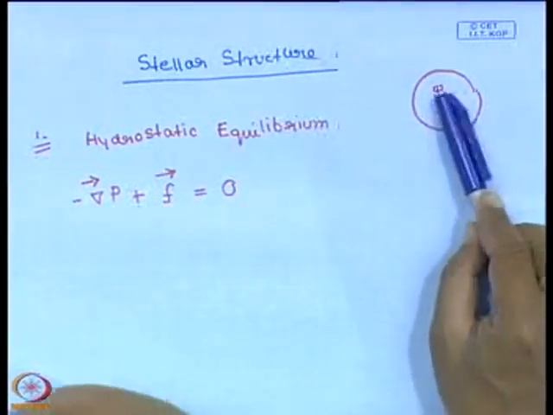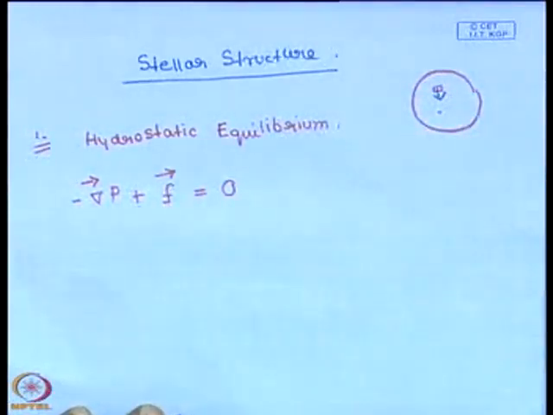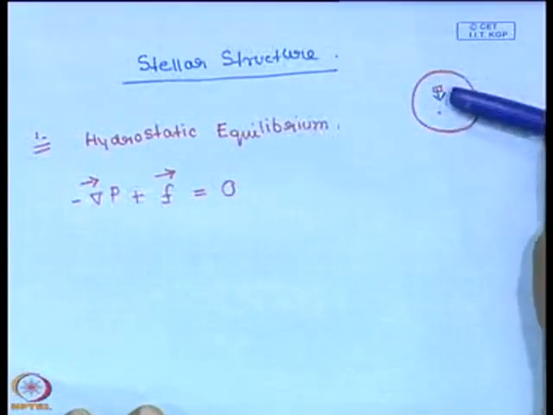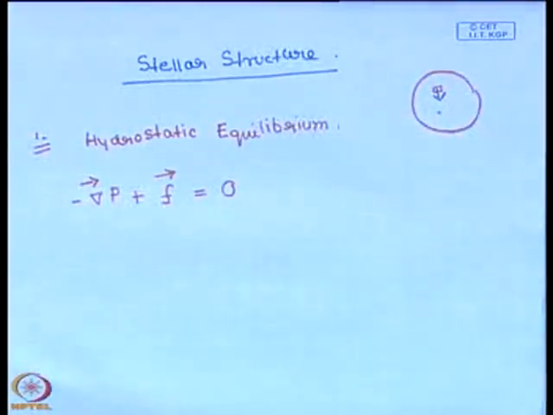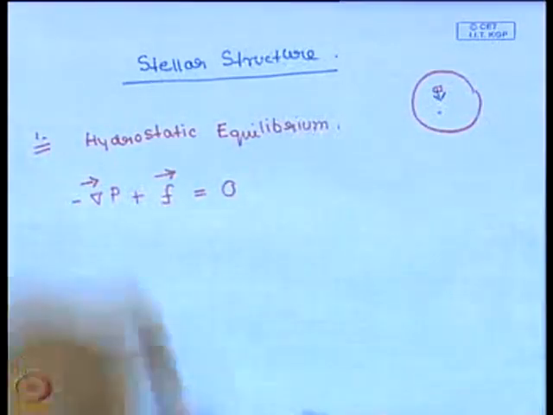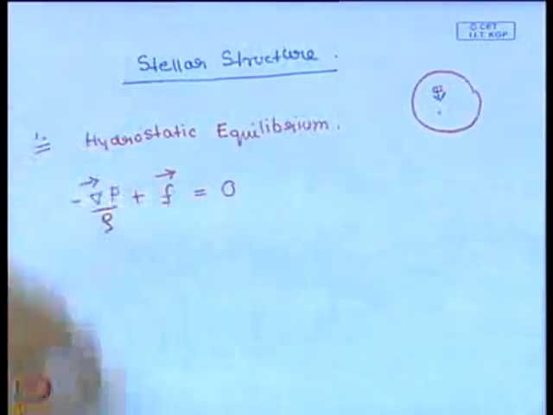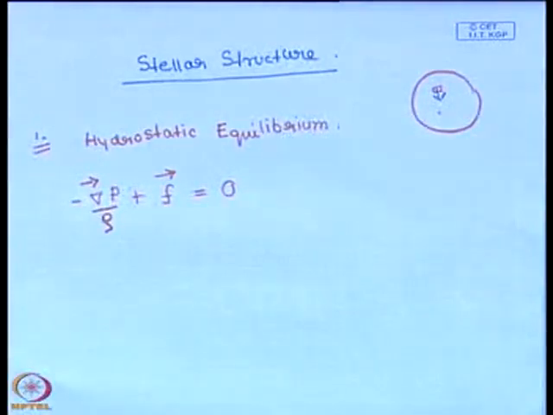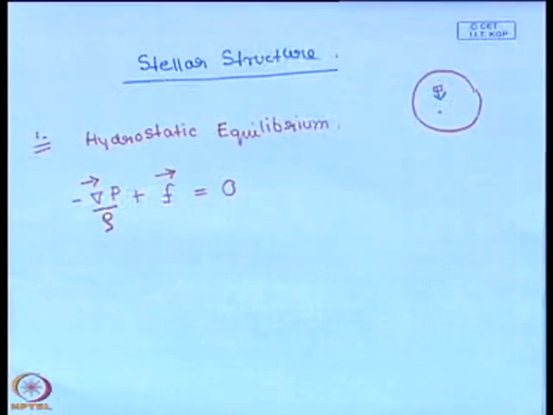So, the pressure inside has to be more and the pressure outside has to be somewhat smaller, and the difference in these pressures is what balances the gravitational attraction. There is a factor of rho which I have missed out. So, it is 1 by rho, right? Thank you.